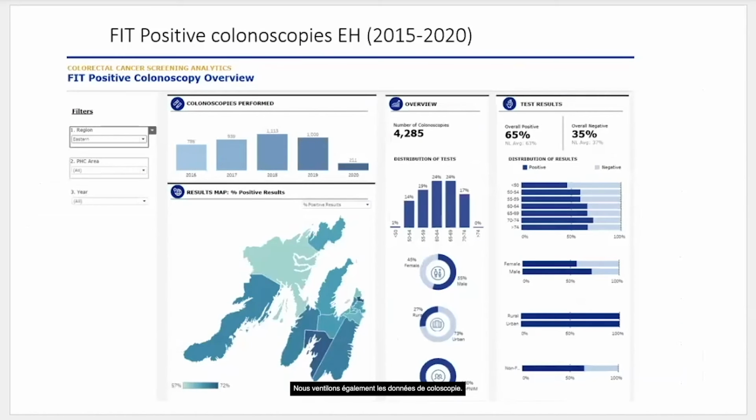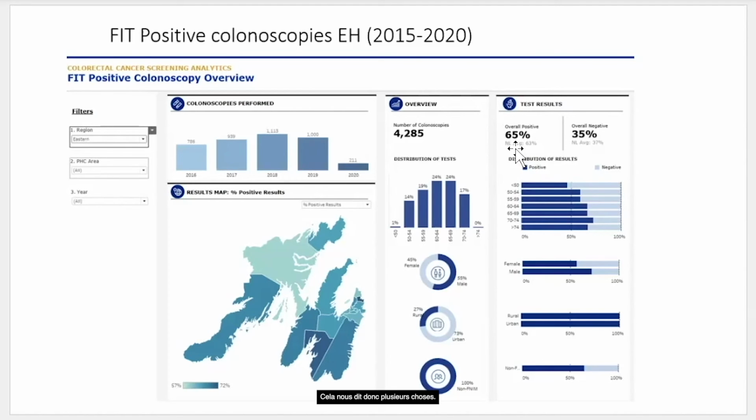We would also break it down by colonoscopies. What have we been finding from our colonoscopies of our patients who've been fit positive? We've done around 4,200 scopes up to about March of 2020. We can get an idea that we found pathology on around 65% of those individuals.